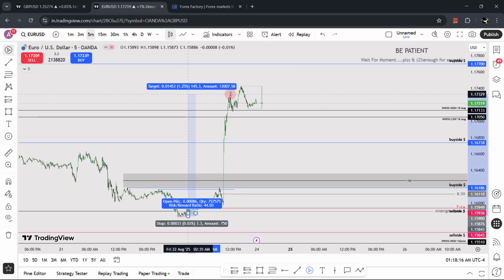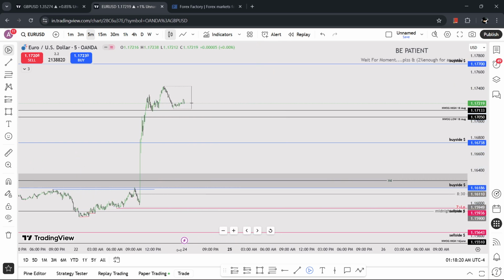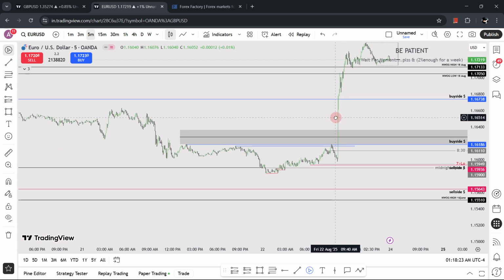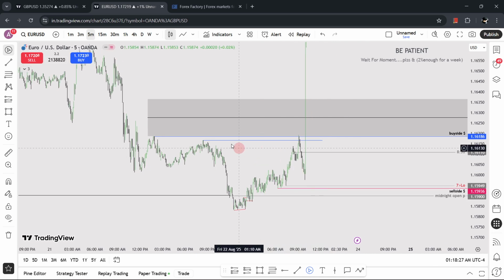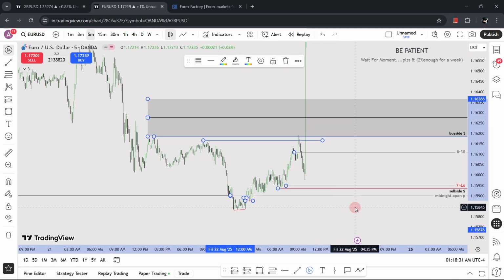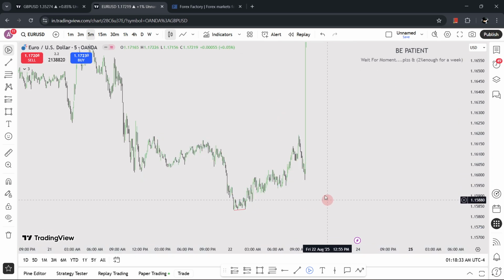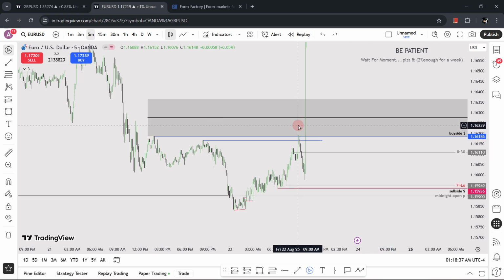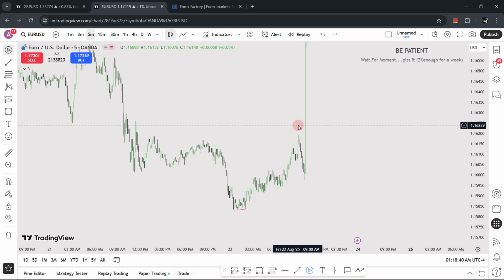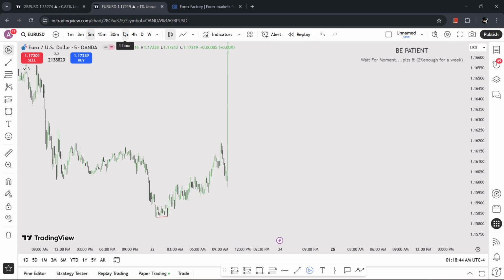Let's say 44 R. If you have a 100k account and you just hold the trade all the way up there, that could be almost half a percentage on your total balance.